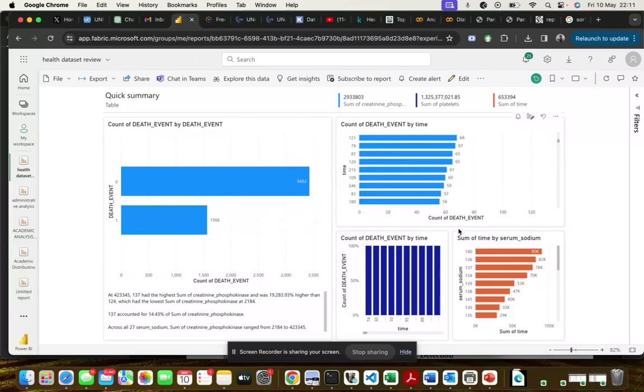So there are many statistical findings you can get via graphs, and I always prefer to use Power BI. Sometimes you can do this via your other tools. You can write your visualizations using Matplotlib and all that.